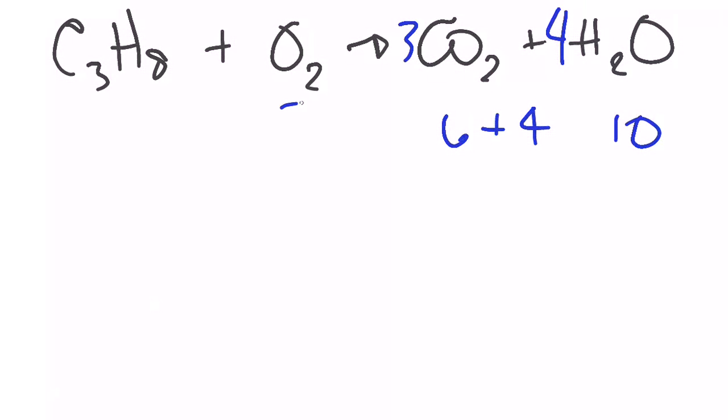And so since this is an even number, and then we have 2 oxygens on the reactant side, you know that you can multiply 5 times 2 to get 10.